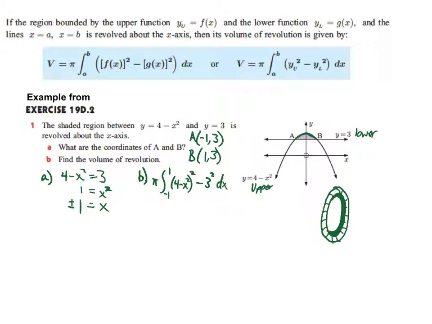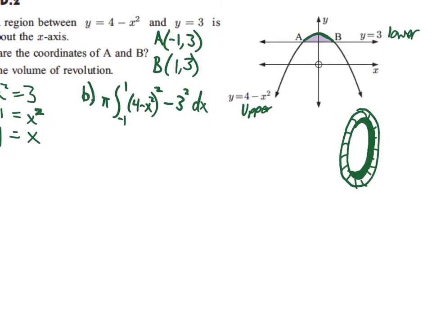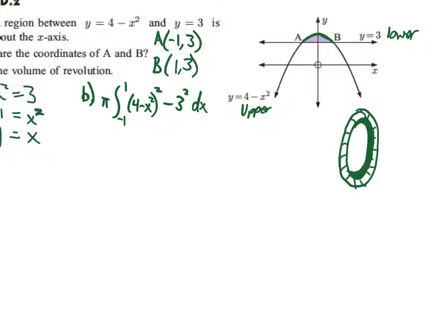Now, how do we get the integral of this? What are we going to have to do? We're going to have to FOIL it out, okay? So, pi times the integral from -1 to 1. If we FOIL this out, it's going to be x to the 4th minus 8x squared plus 16 minus 9. 16 minus 9 will be 7, so that will be a plus 7 dx.